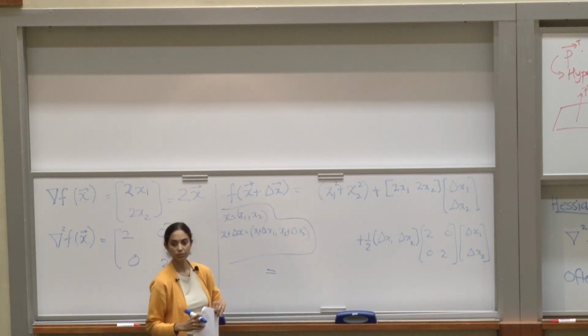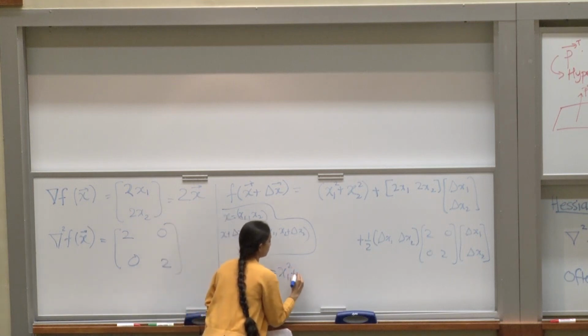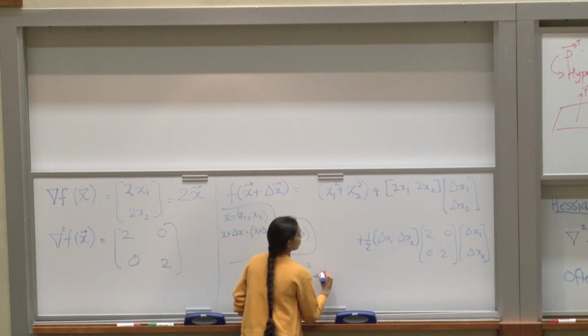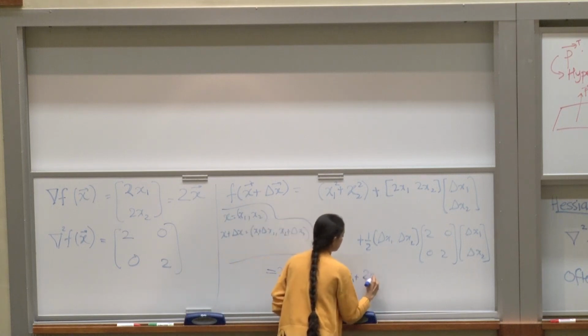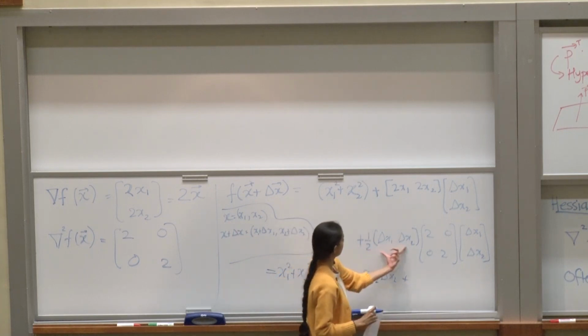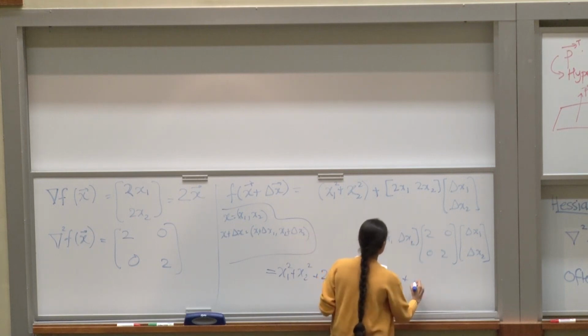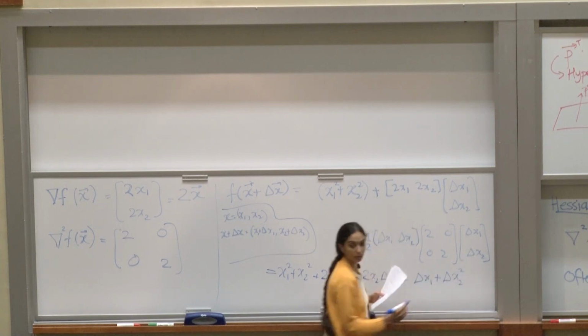This is equal to x1 squared plus x2 squared plus 2x1 delta x1 plus 2x2 delta x2 plus, this just gives me delta x1 squared plus delta x2 squared, right?